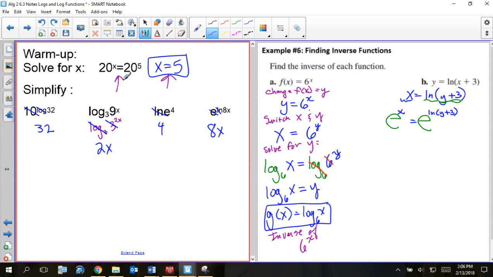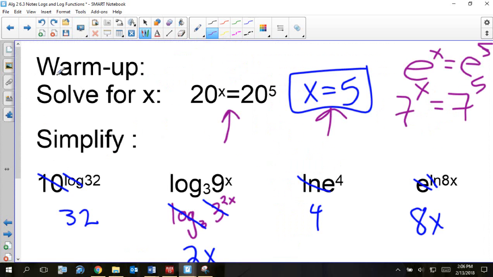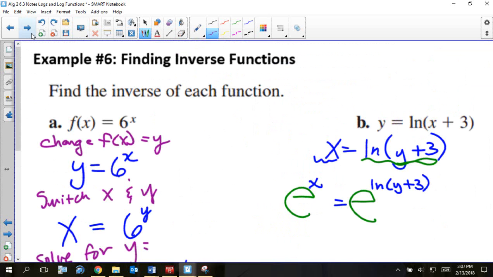I could say 7 to the x equals 7 to the 5. Isn't that still true? As long as I do it to both sides. So I could say e to the x equals e to the 5. I could say anything I want like that. I chose to use e on this one because ln and e cancel each other out.